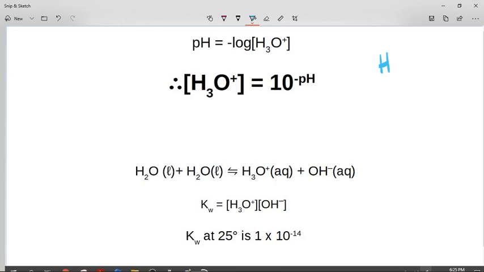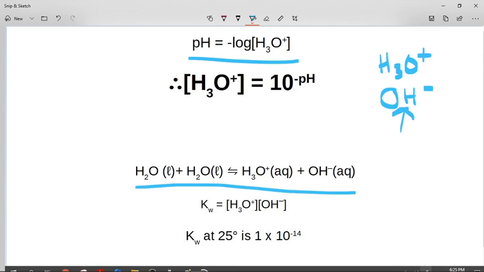Remember, we have H3O plus, the hydronium ions, and the OH minus, the hydroxide ions. Okay, so our pH formula says minus log H3O plus, but if they gave you a base, then you will know your hydroxide ions. So your job is then to change it to hydronium ions. So you use the pH formula along with the results of this reaction.